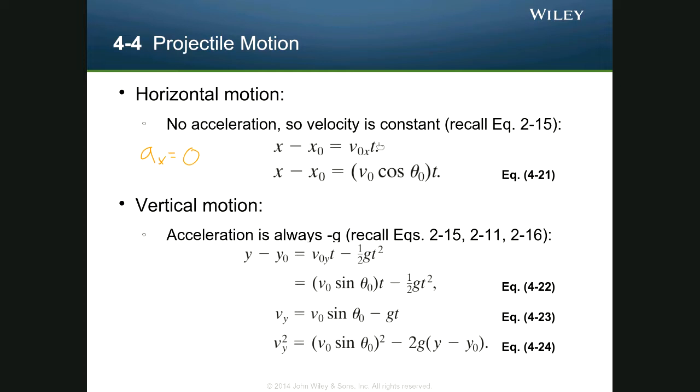And remember, these are vectors and components, so you'll have x minus x naught, or delta x, equals v naught cosine theta naught t. The x equations are pretty simple and straightforward. And the y equations just look like our chapter 2 equations, but instead of calling it delta x, we'll formally always call it delta y.